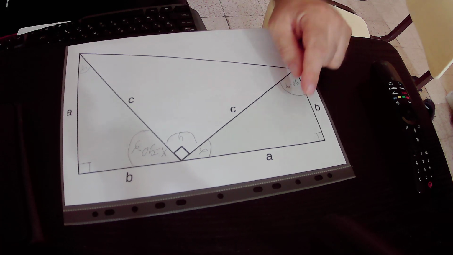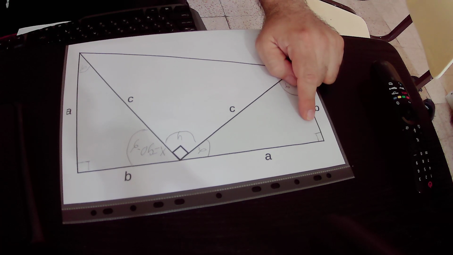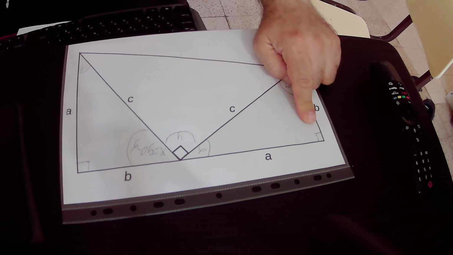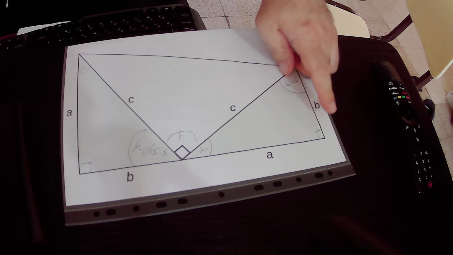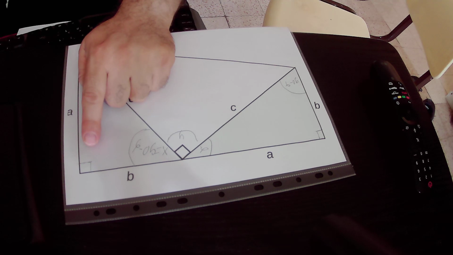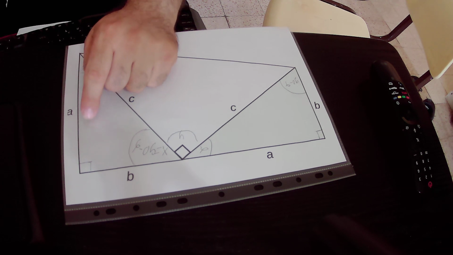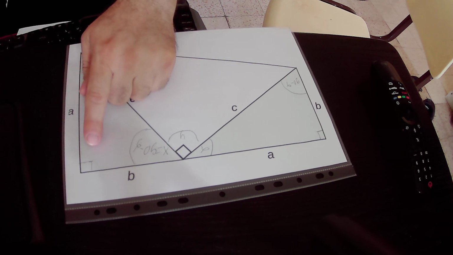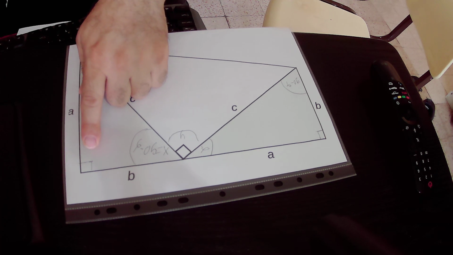From the beginning, the angle in this right-angled triangle was 90 degrees, and because we raised a perpendicular of length A, that angle is also 90 degrees.